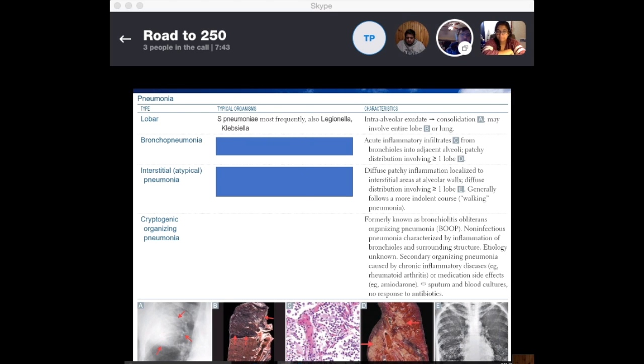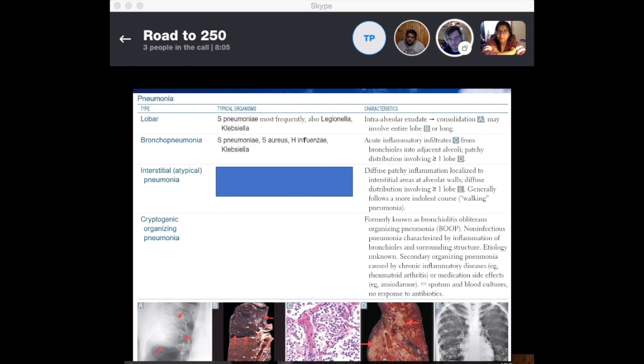How about bronchopneumonia? Strep pneumo again. Correct. Klebsiella again. Correct. H influenza. Right. And typhoid.